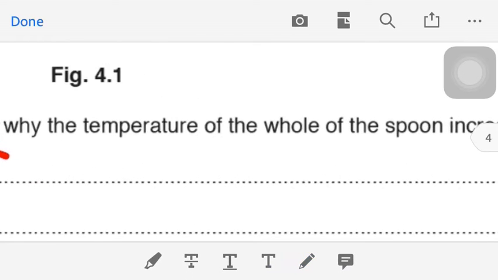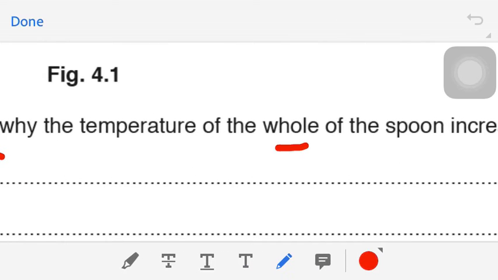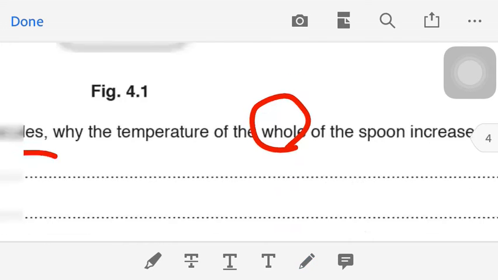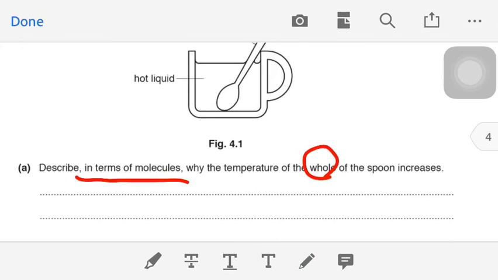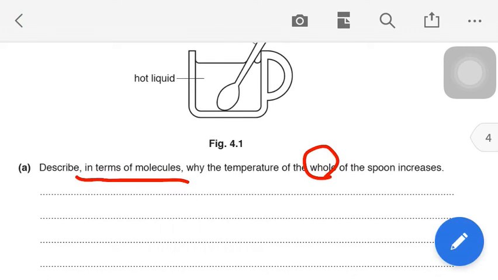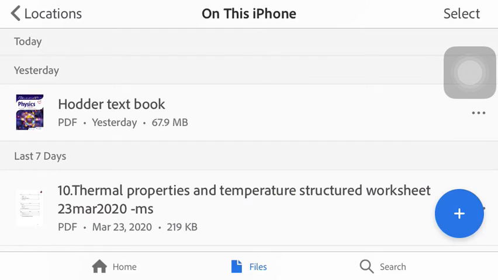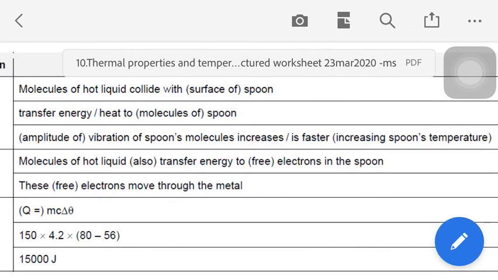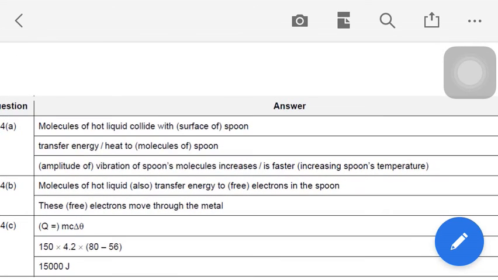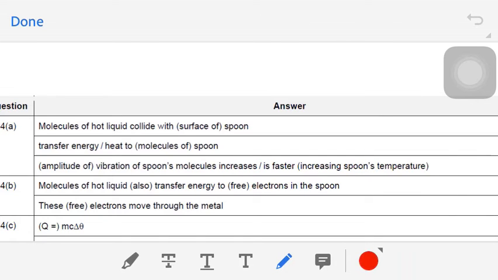We are talking about the whole of the spoon. The answer in the mark scheme has given 3 points. The first, where the molecules of hot liquid collide with the surface of spoon, which is the key beginning stage.